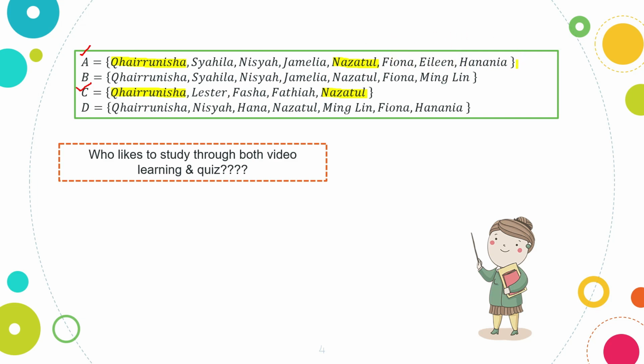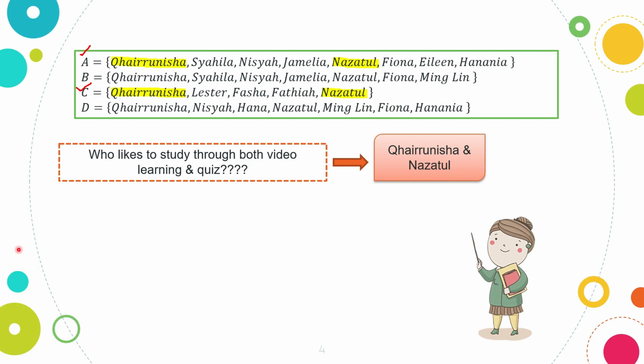They don't have names in set C, so we don't need to highlight them. From set C, Lester, Fasha and Fatia: these 3 names are not in set A, so we do not highlight them either. The names that have been highlighted are Kairunisha and Nazatul only. So the people who like to study through both video learning and quiz are Kairunisha and Nazatul.